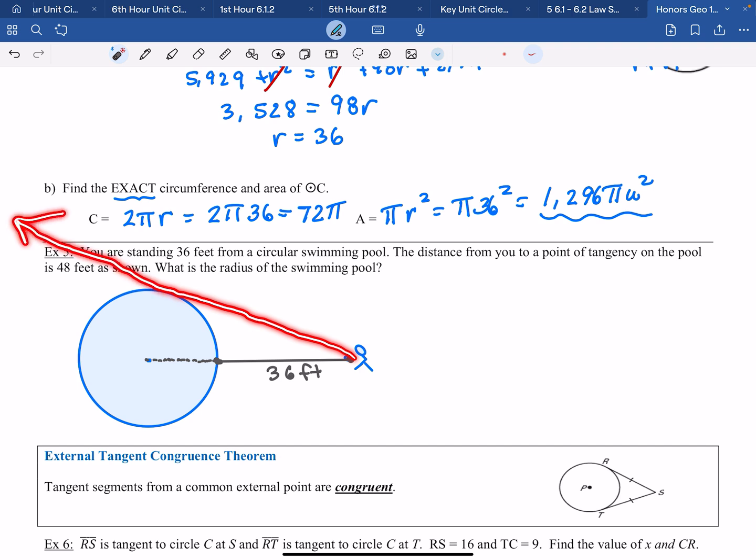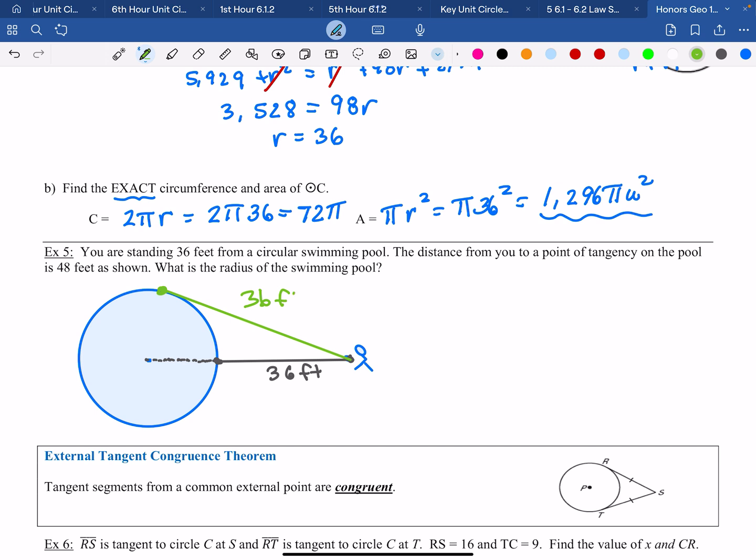Remember, it goes past if we're looking at lines, but it only touches here. So when I draw this, I'm only going to draw from my body to the segment here. I don't have to continue beyond that. We're going to imagine it could keep going, but we're just going to stop at the point of tangency. But that distance over here is 36.